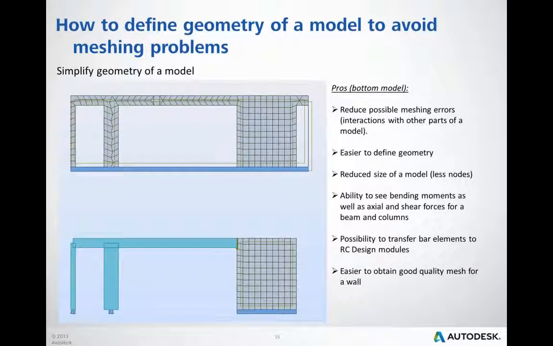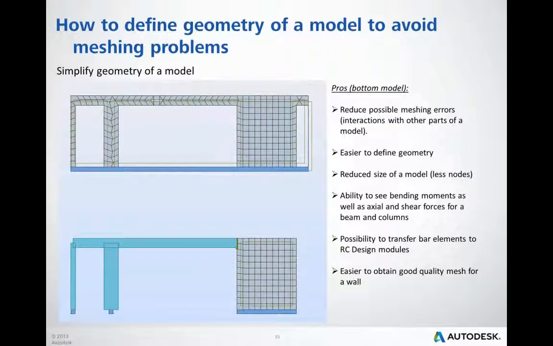So, for example, if you have a narrow strap between two neighboring openings, or an opening located next to the edge, replace these narrow straps with bar elements. That's better because you get the bending moment diagram as you intend. You can transfer these elements to the RC design modules, and you also avoid issues with meshing when you have to combine large areas with very narrow areas.